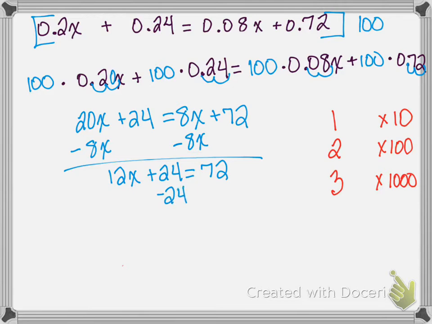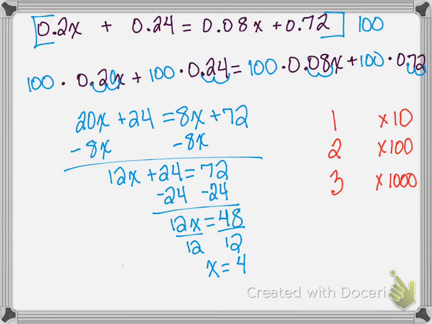When I subtract 24 from each side, I'm left with 48. 48 divided by 12 is 4. Good.